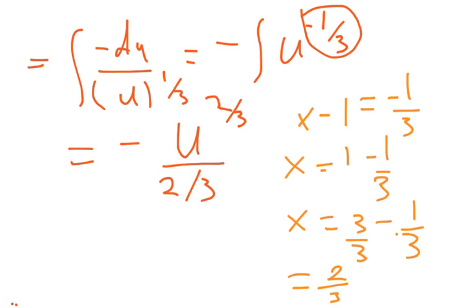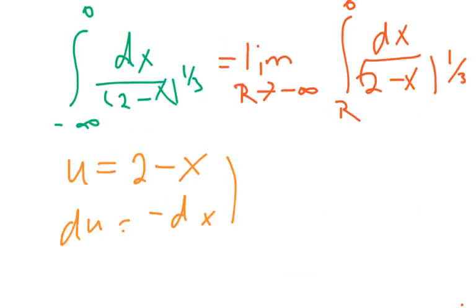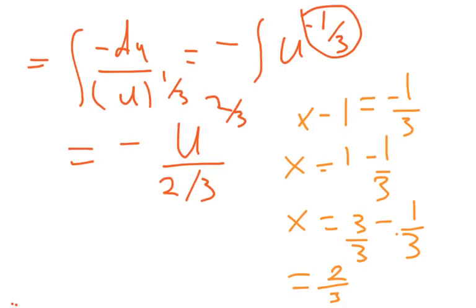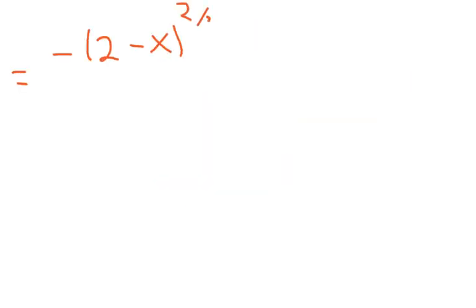But don't forget, we are just treating it as an indefinite integral. That does not mean that it's an indefinite integral. So I am going to do the substitution in question and get back to the variable. So it's minus 2 minus x, everything raised to the 2/3, and everything over 2/3.